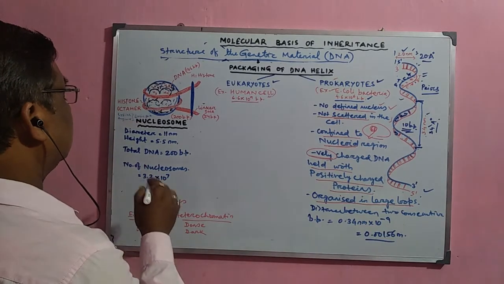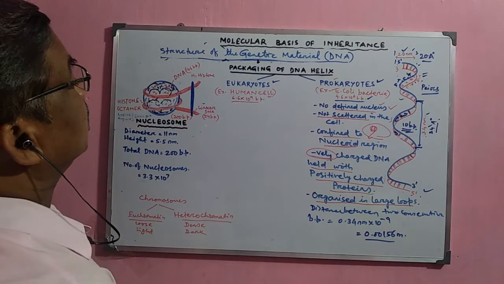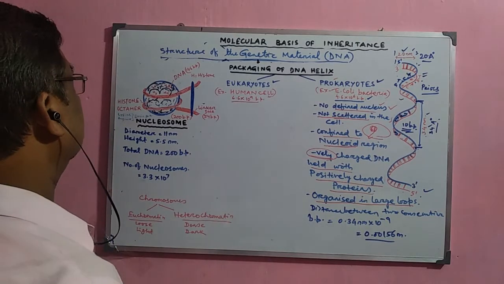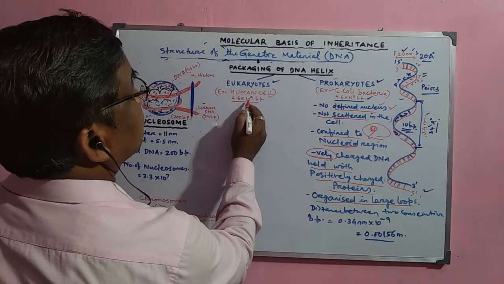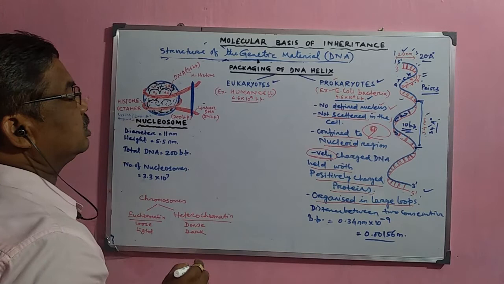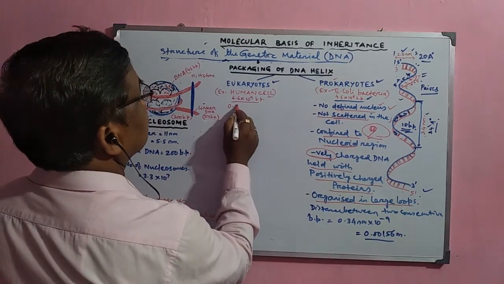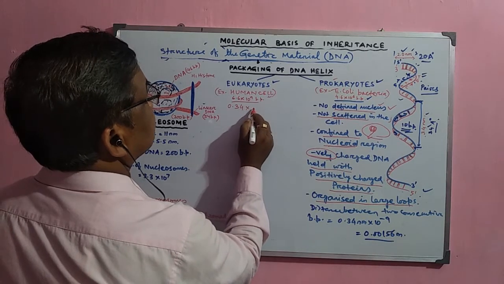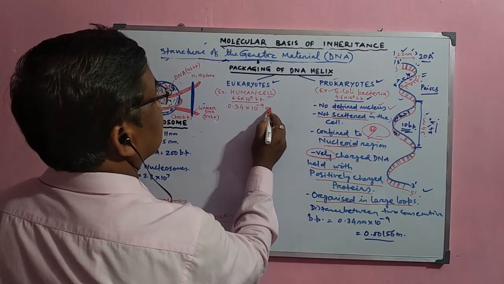But now, what is the actual length of this human DNA helix? There are around 6.6 into 10 to the power 9 base pairs, and the distance between two base pairs is around 0.34 into 10 to the power minus 9 meter.